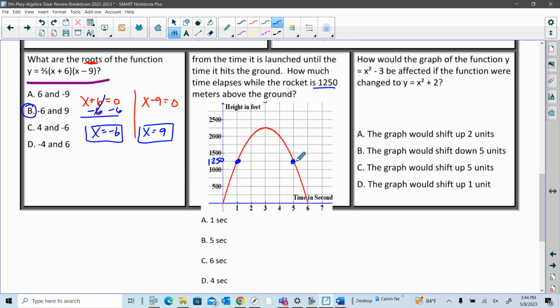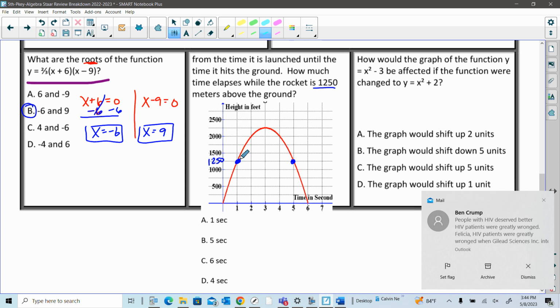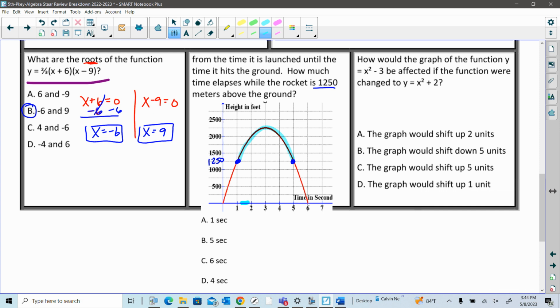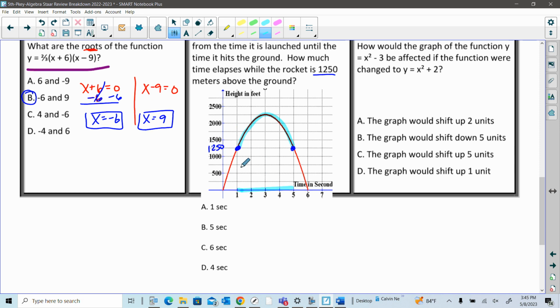But since they want to know how much time elapsed while the rocket is 1,250 above ground, from 1 second all the way to 5 seconds, it's above 1,250 meters above ground. So we just take the range of that, 5 minus 1, which is 4 seconds. 4 seconds is the time elapsed that it's at 1,250.